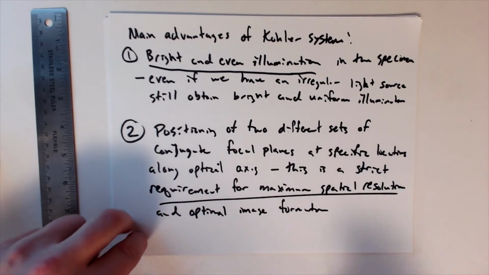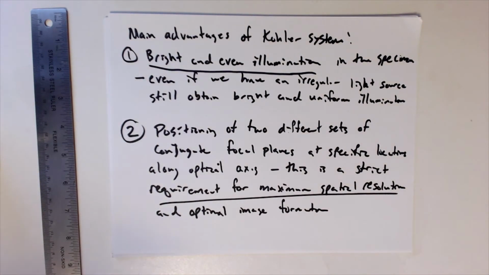So the fact that we can adjust the positions of those planes at specific points is going to give us the requirement for maximum spatial resolution. So those are the two defining characteristics of this Kohler light system.